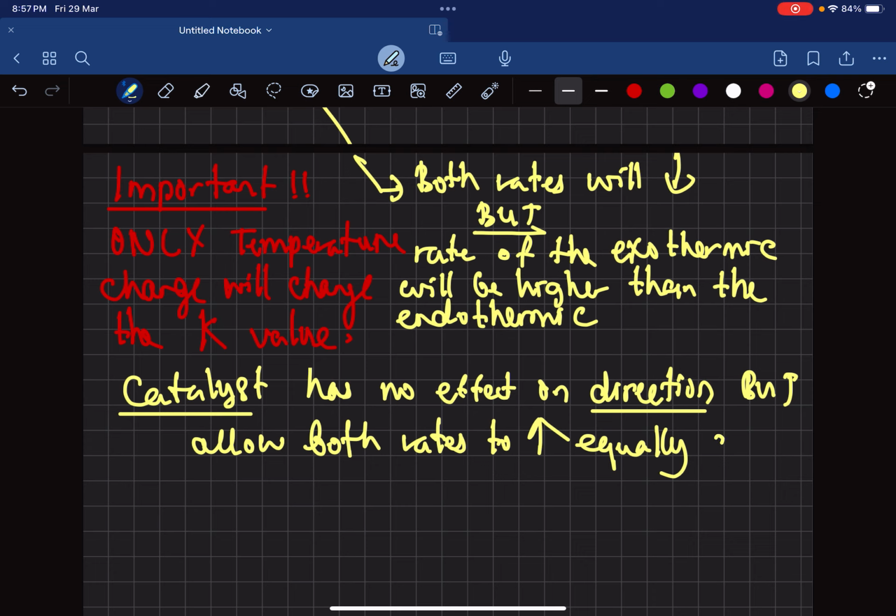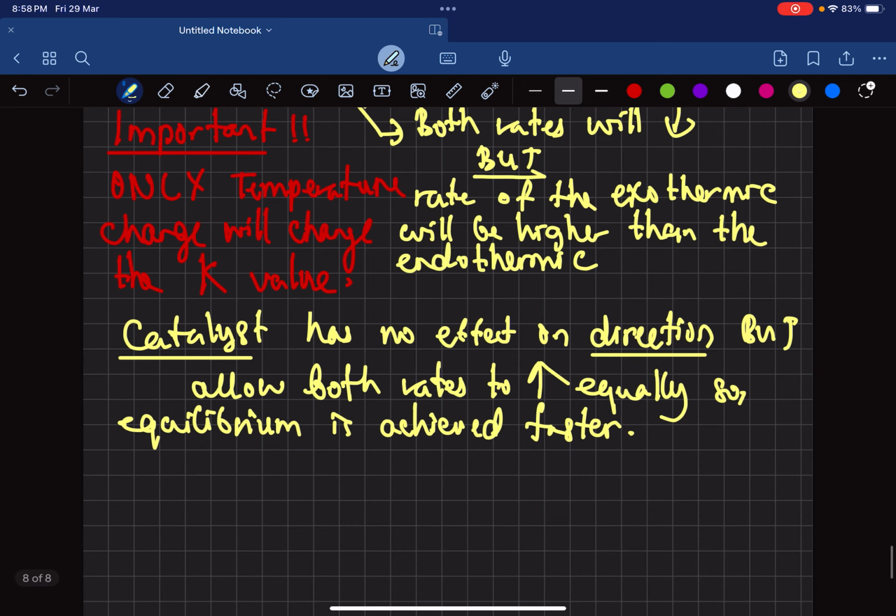So equilibrium is achieved faster. That's all. That's the only effect that a catalyst has.